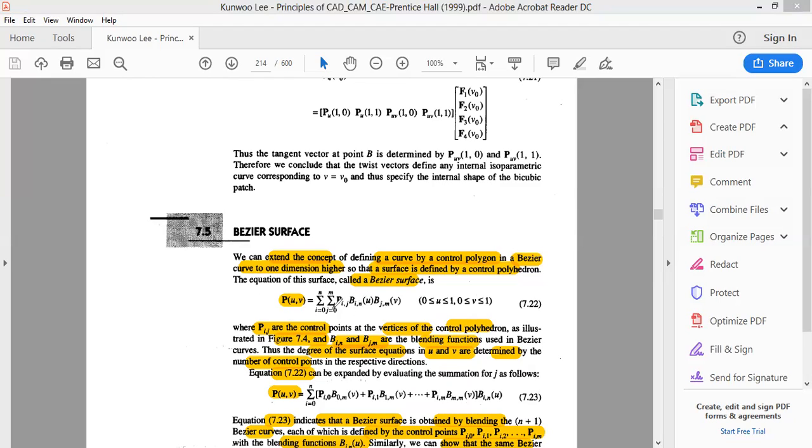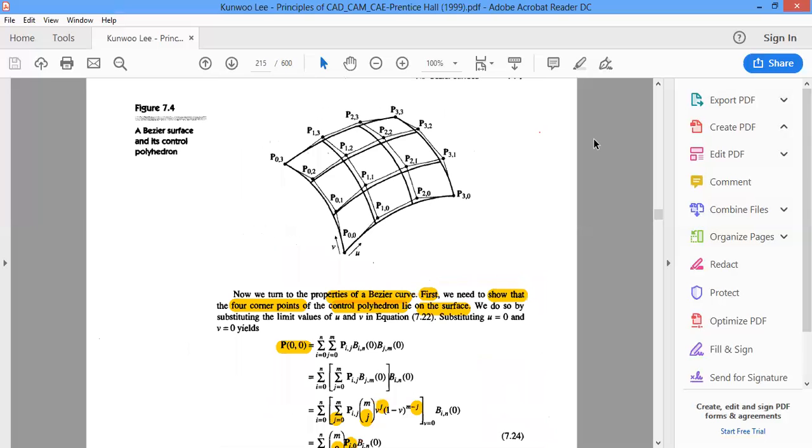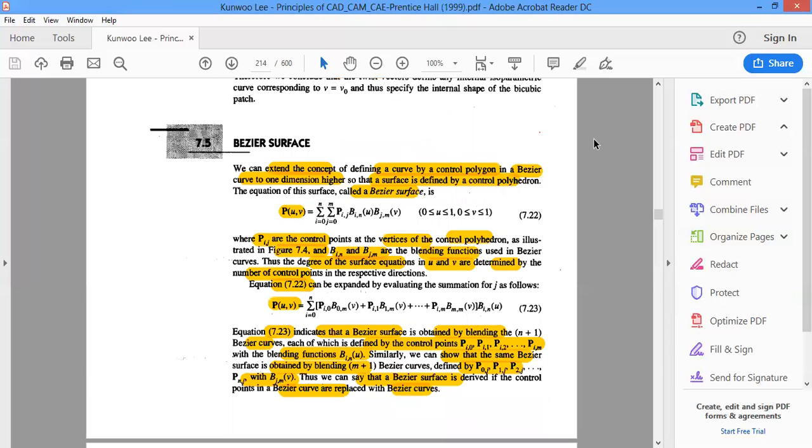And then in the v direction, sigma j equal to 0 to m, p of i comma j, because we have one value of p of i j, and whose parametric values lie from i to n in the u direction, and the other lies from j to m in the v direction, where the u and v values are going to be within 0 to 1. All right. So we are just going to merge these two equations of a Bezier curve extended in u direction and in v direction. So stop here for today.